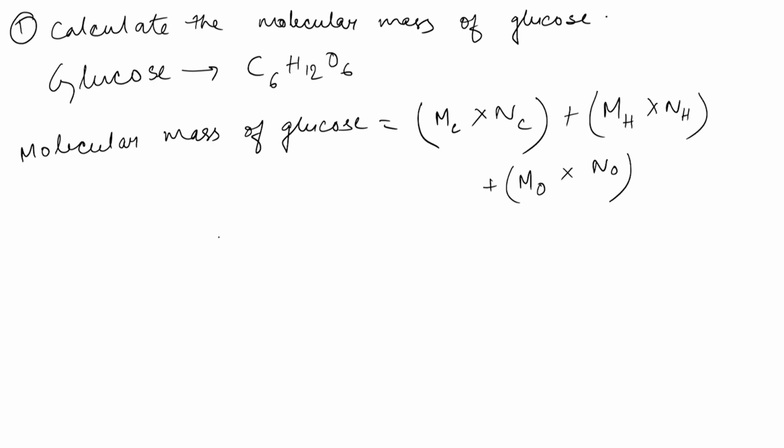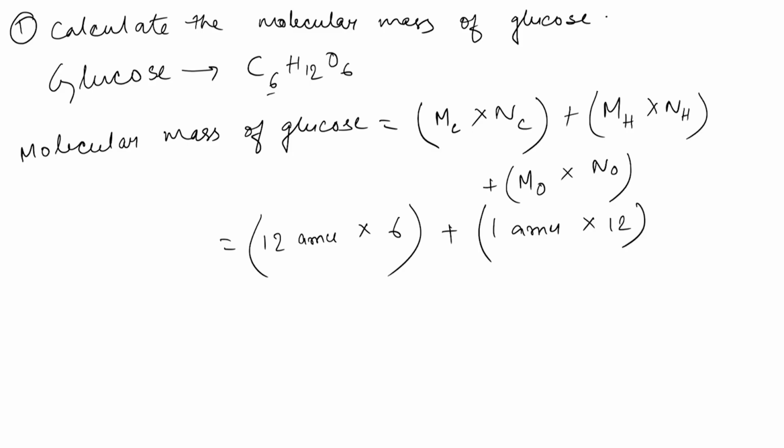Okay. So, mass of carbon is 12 AMU. 12 AMU into how many carbons are there? 6. So, into 6 plus mass of hydrogen is 1 AMU into number of hydrogen is 12 plus mass of oxygen is 16 into number of oxygen is 6.